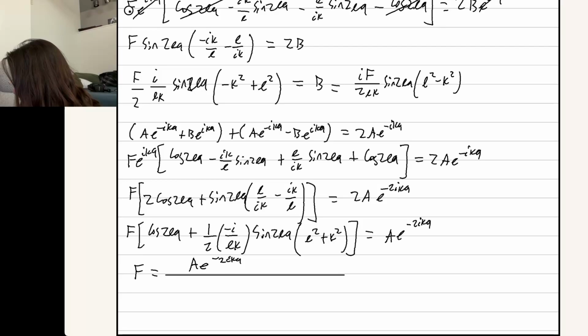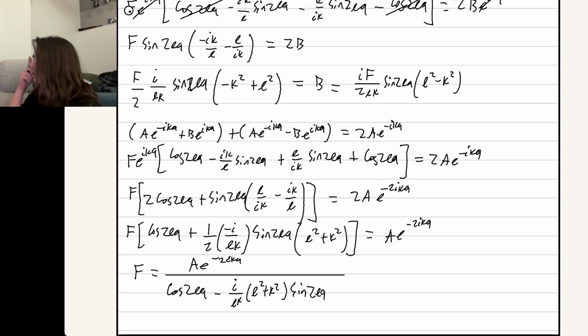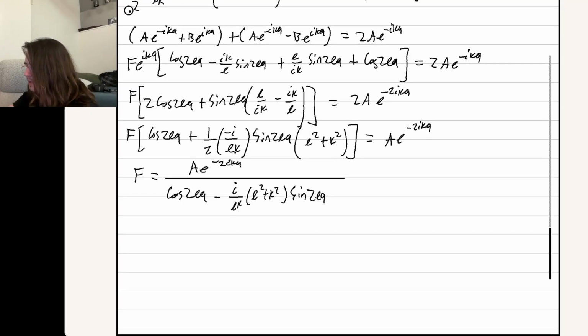So that's cosine 2la minus i over lk, l squared plus k squared times sine 2la. Right. So that's pretty awesome. And there should be a 2 here, from there. Cool.